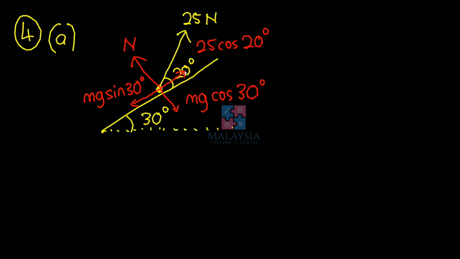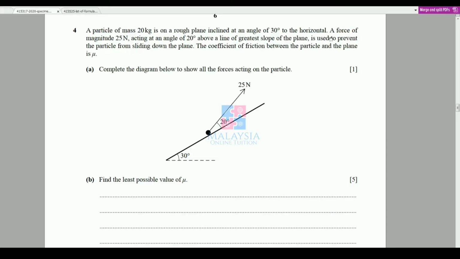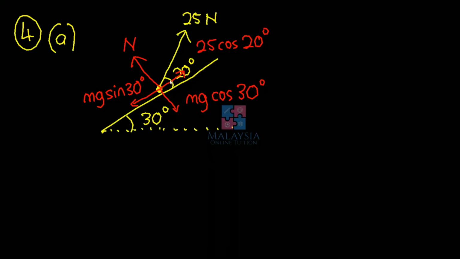This is how you can determine the direction of the friction. Since they said the force 25 Newton is being used to prevent the particle from sliding down the plane, meaning that the particle is about to slide down, you know that the friction is one of the forces that will be used to prevent that from happening.